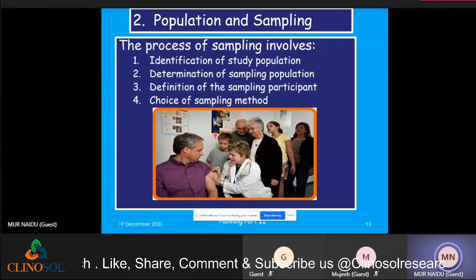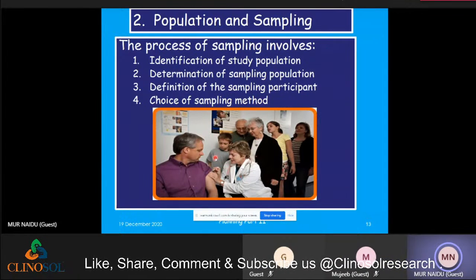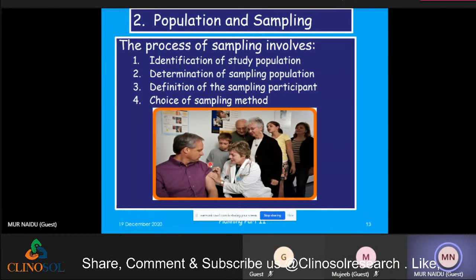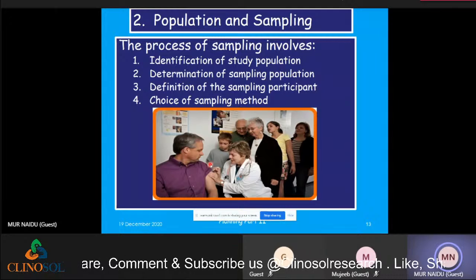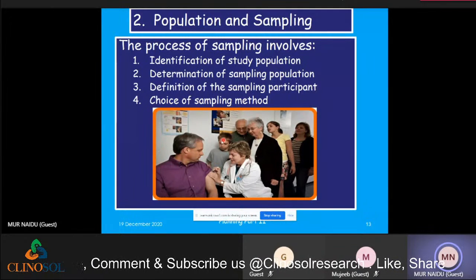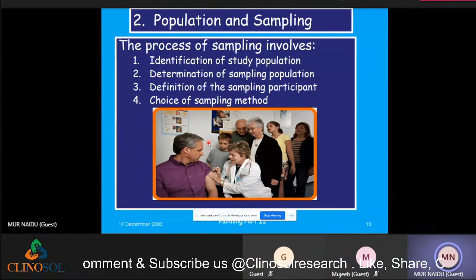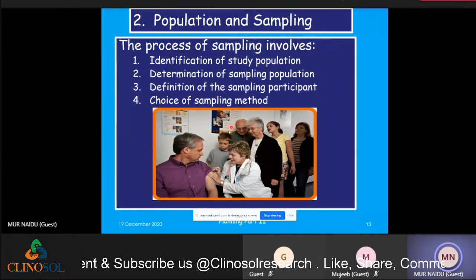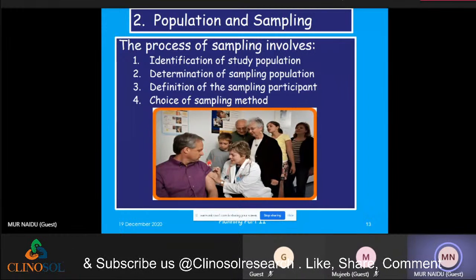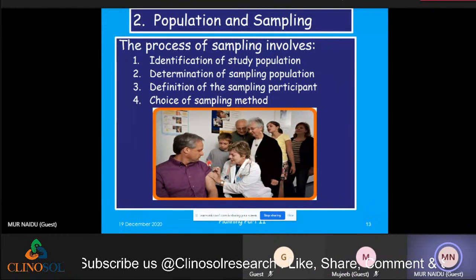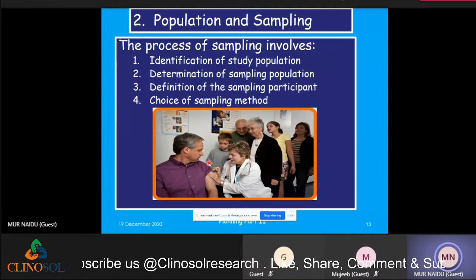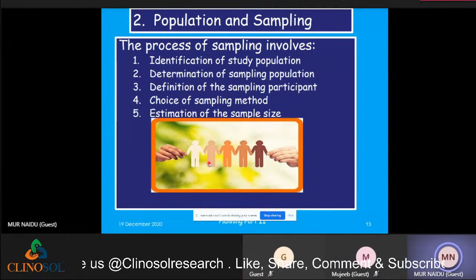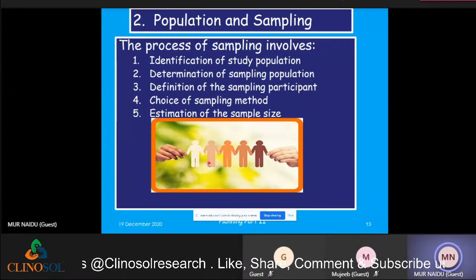Many people are waiting and they are doing some test to find out whether the people coming for a clinical trial fulfil the criteria or not. So choice of sampling method also depends on the screening method, what you want to do for inclusion and exclusion criteria. And the last one, which is very important, is estimation of sample size.